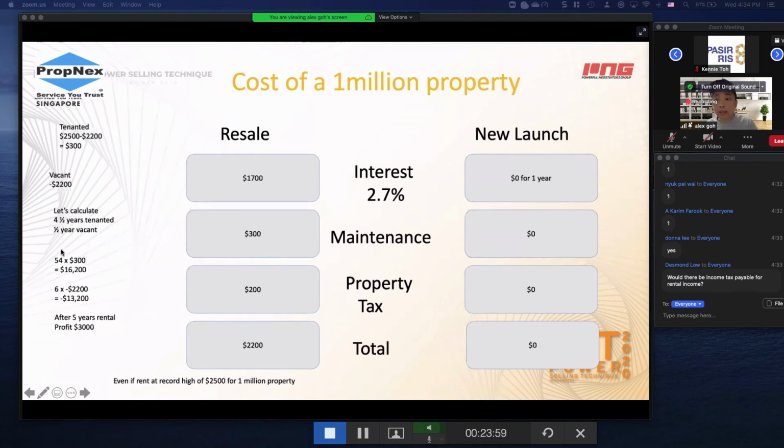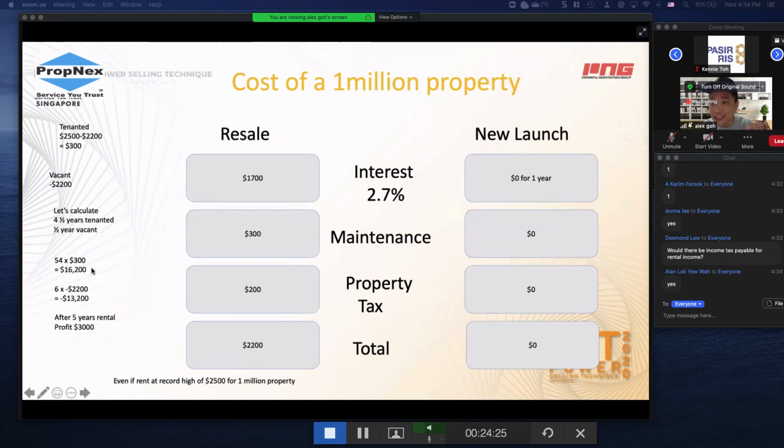So let me calculate based on a property that you buy for the next 5 years. 4.5 years is tenanted, 6 months is vacant. Fair? 5 years got 6 months vacancy. Is it a fair statement? Yes, okay. So I will take 54 months, which is 4.5 years, multiply by 300.